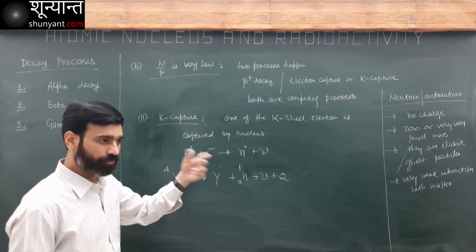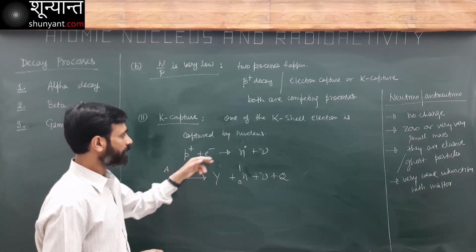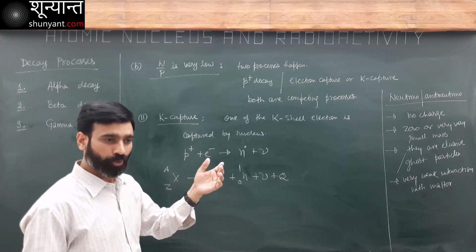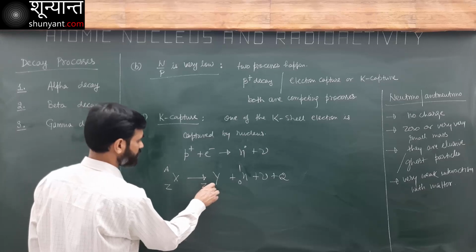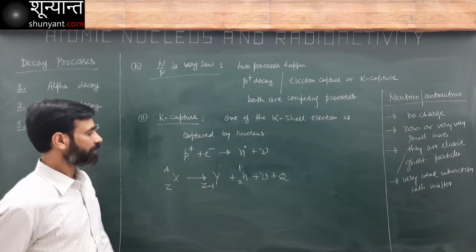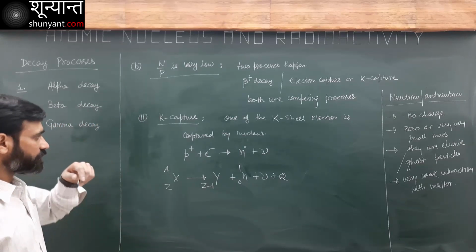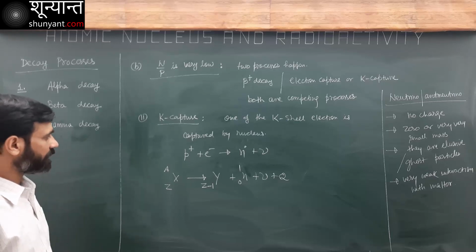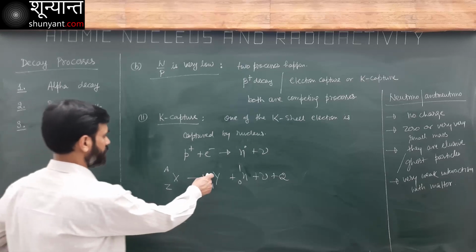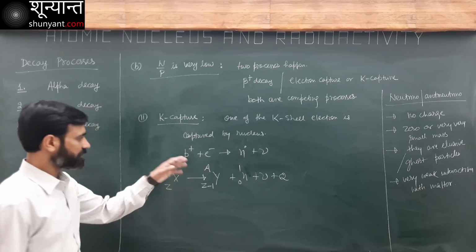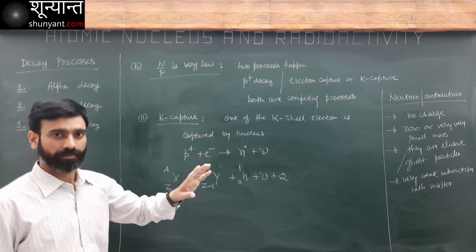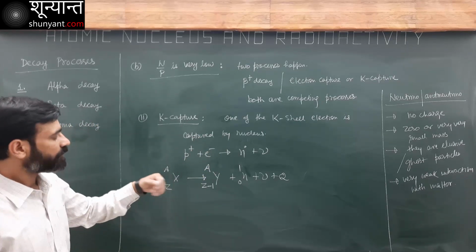A proton converts into a neutron, so the proton number decreases. So the atomic number decreases. It becomes Z minus 1. The mass number remains the same, because a proton converting into a neutron keeps the mass number the same.